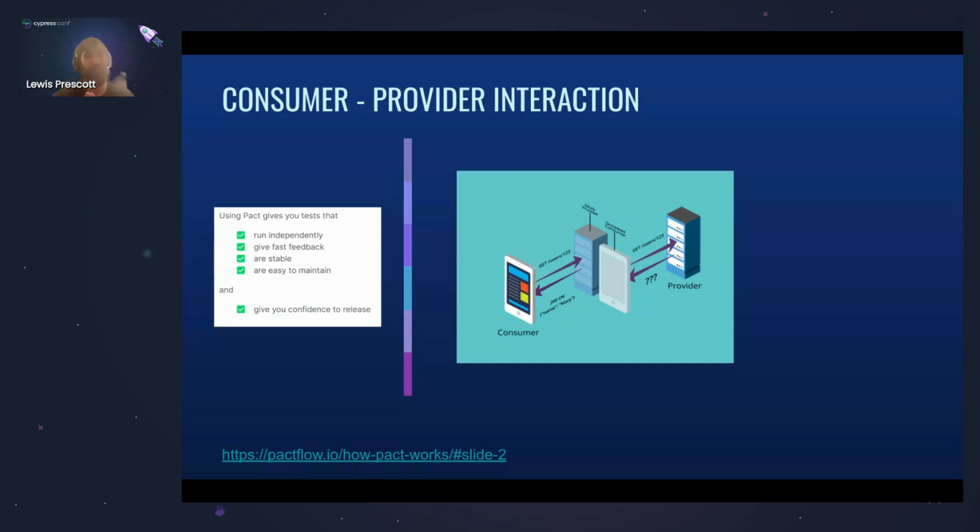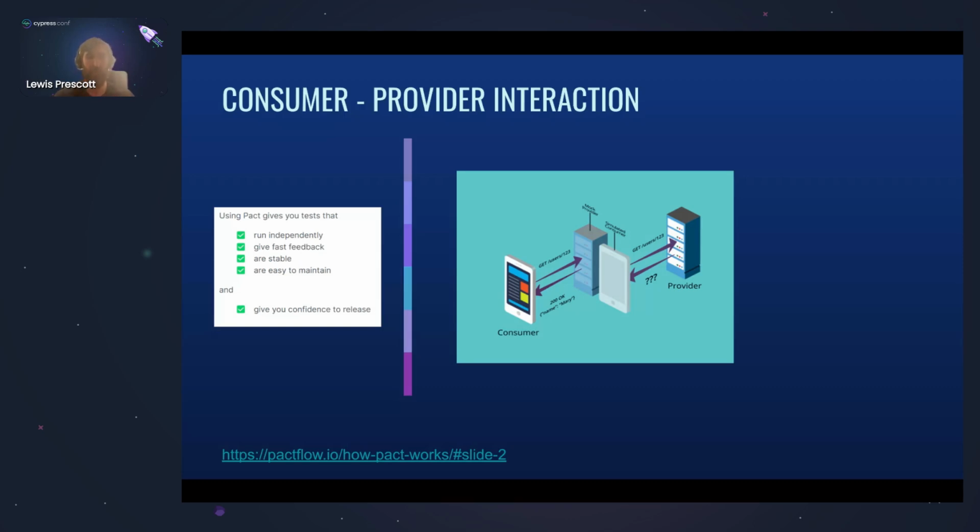So we can verify that two systems will work together without having to run this in an environment. We just share that mocked agreement between the two systems, and then you can add in that verification status.